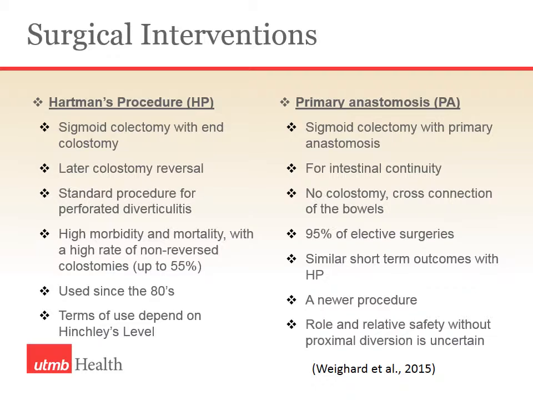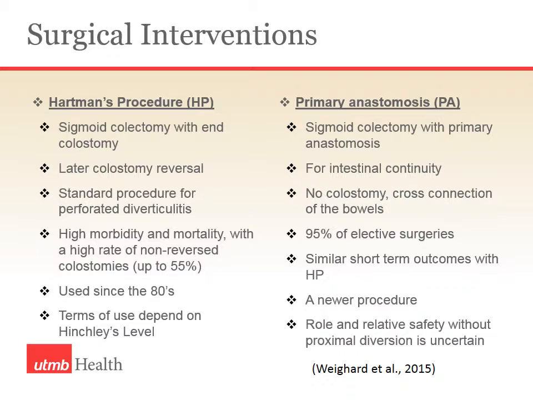And they go off the Hinchey level of complications to determine whether the patient is indicated for this procedure or not. More and more surgeons are trying to move to the primary anastomosis, and this is a colectomy, but there's no colostomy at the end. They're really just trying to preserve the intestinal continuity and keep it as close to the natural form as possible.